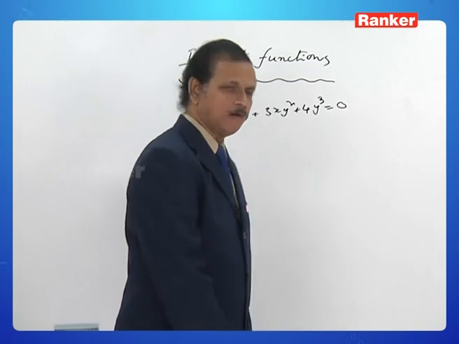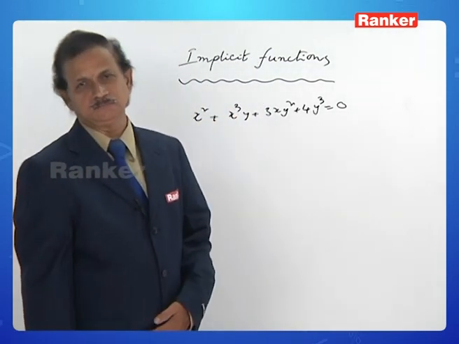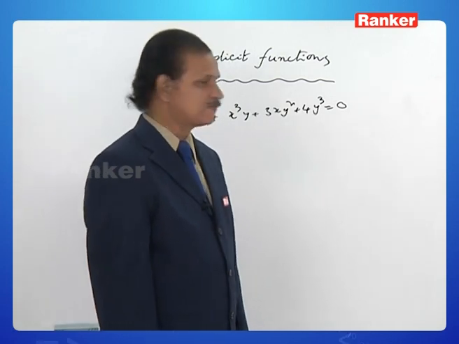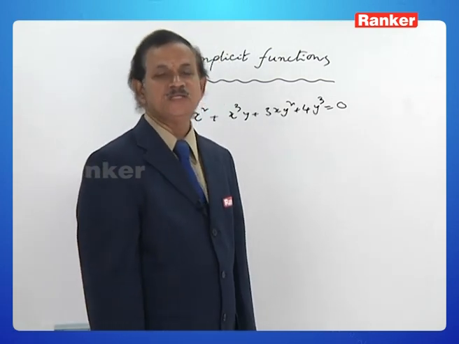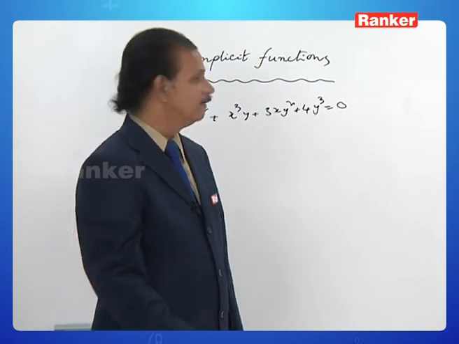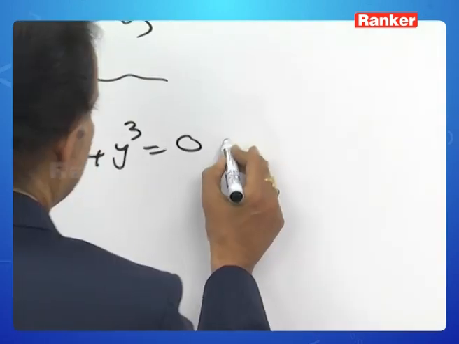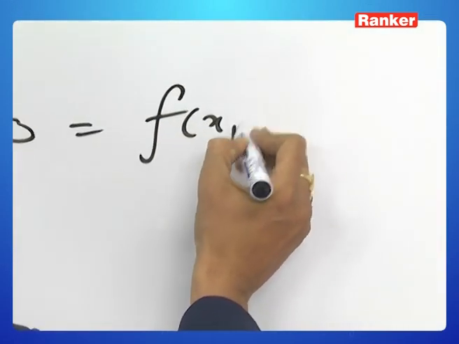Of course, there is a long procedure in our general methodology. But in the case of competitive examinations, we shall use one more methodology. Let me call this f of xy.